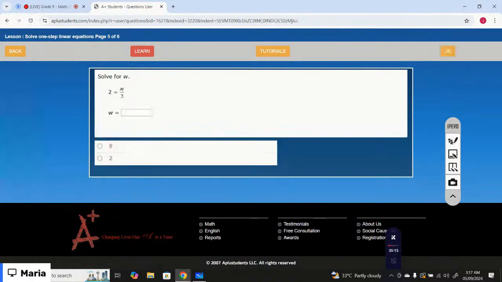Okay, the next one is solve for w. So which is the correct option?